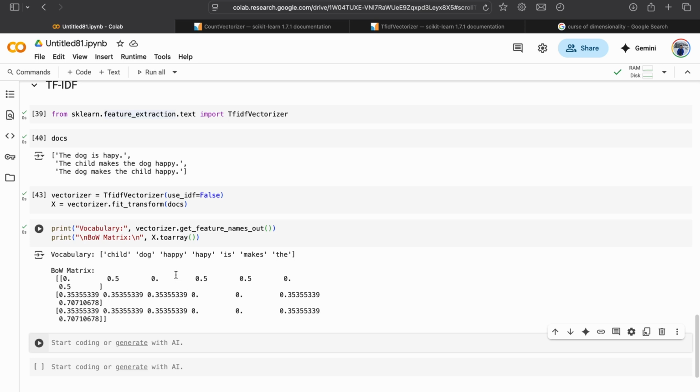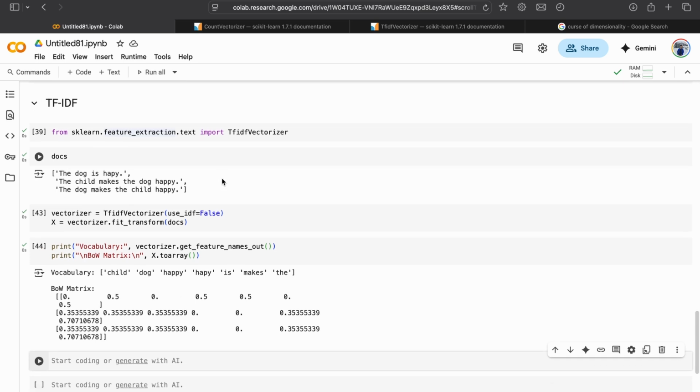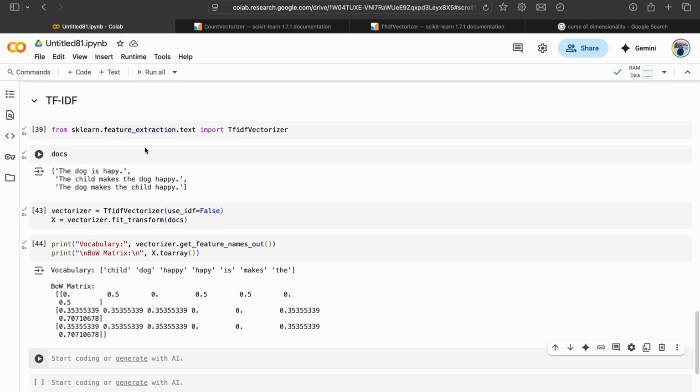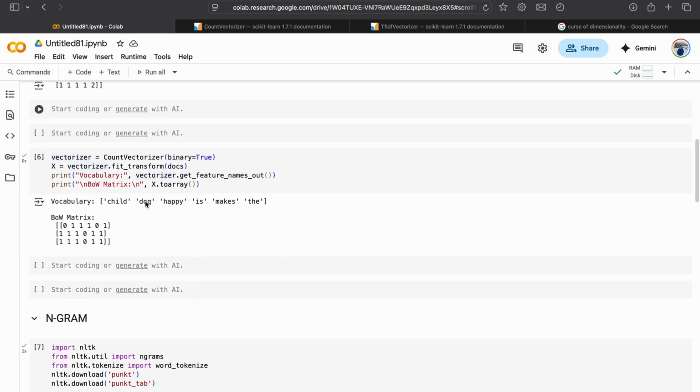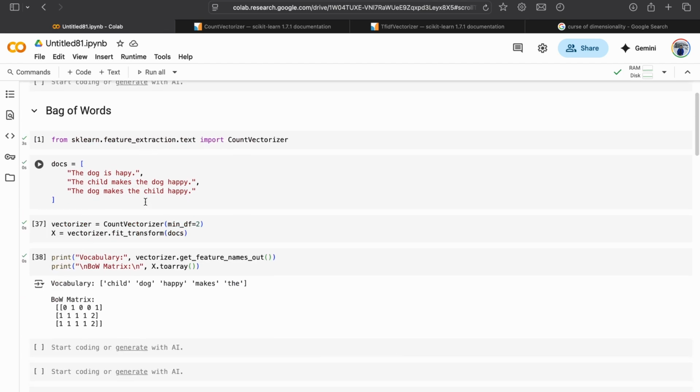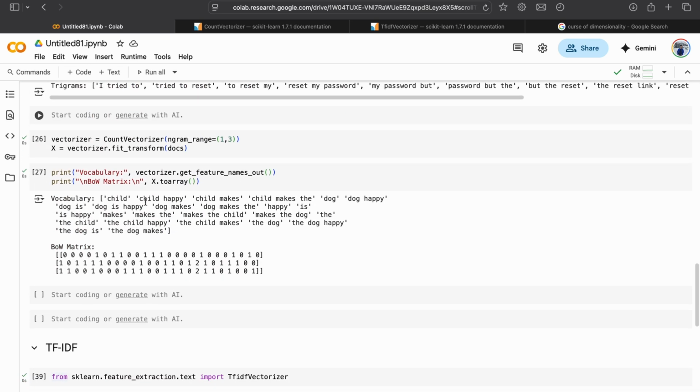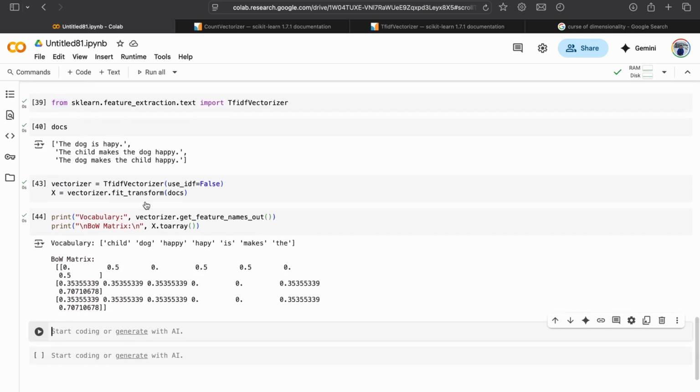But as I mentioned, the core idea is the same. So this is another frequency-based text representation that we can use. And since bag of words contains only the counts, the TF-IDF contains more information than bag of words.